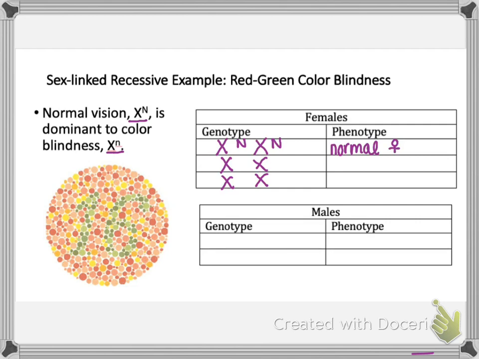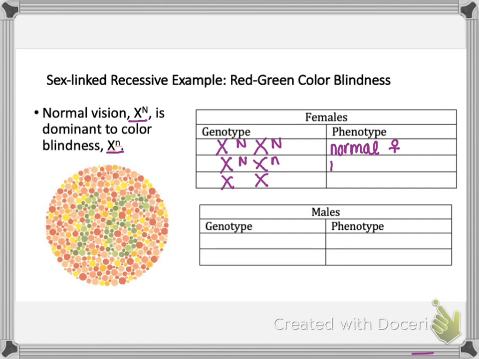So notice, I don't just say phenotype normal vision. I also include whether she's male or female, because with sex-linked traits, we're essentially following two traits at a time. In this case, color vision and the sex of the individual. The next option would be heterozygous, X big N, X little n.